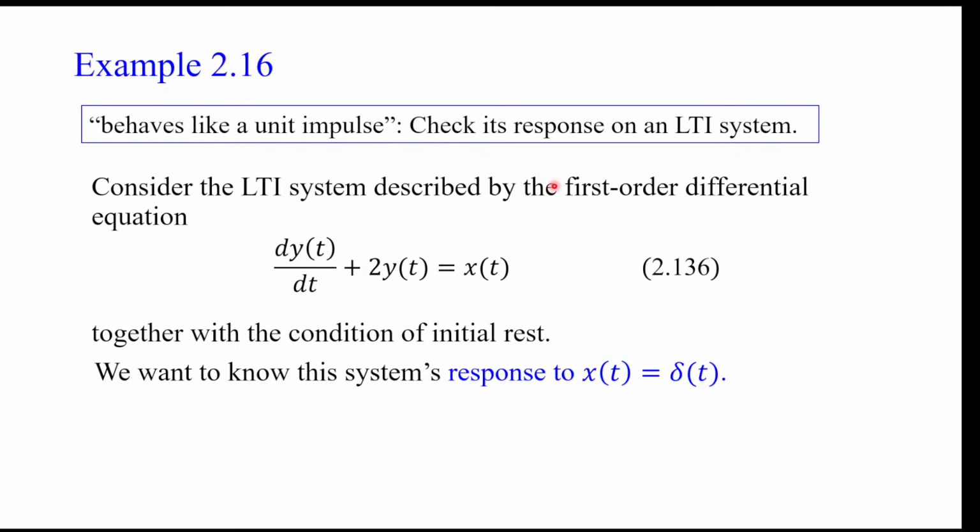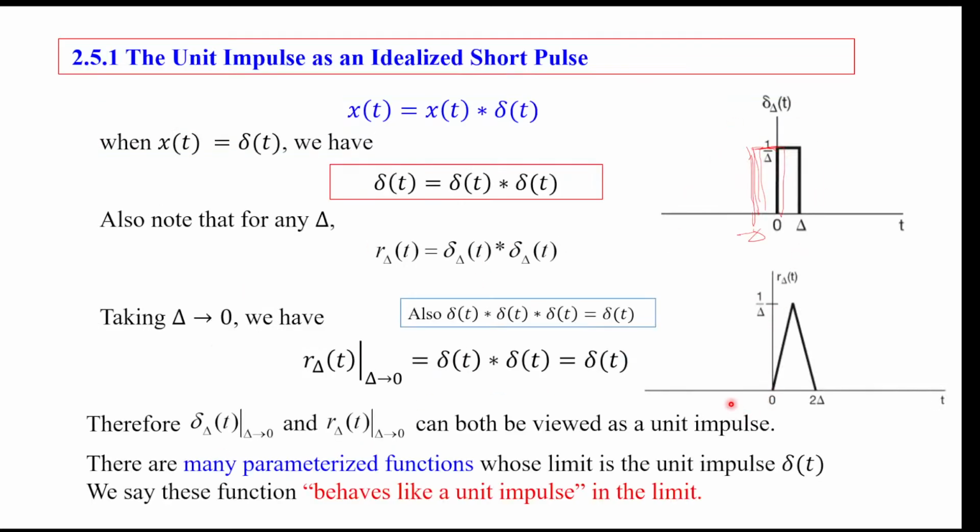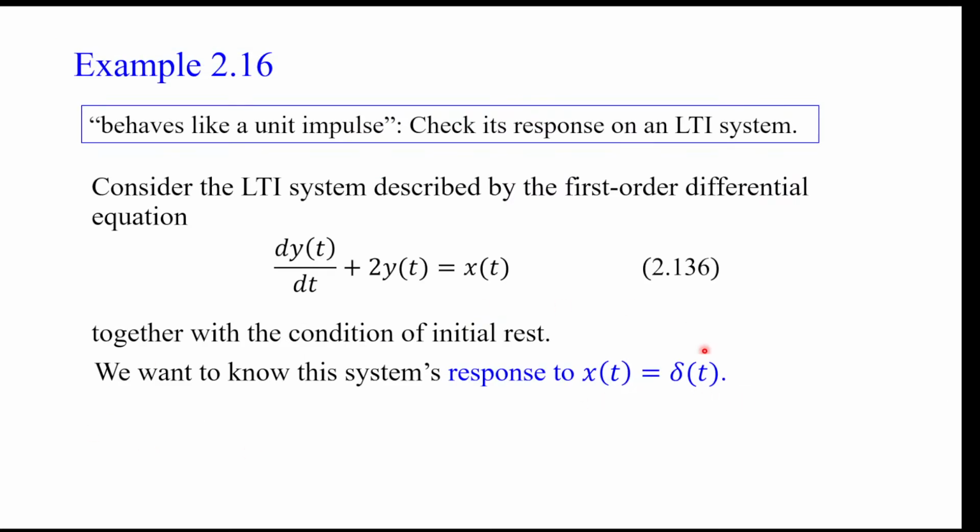Say you hit the system dy/dt + 2y(t) = x(t) with one of those functions with different Δ, and you want to see when this looks like x(t) = δ(t).